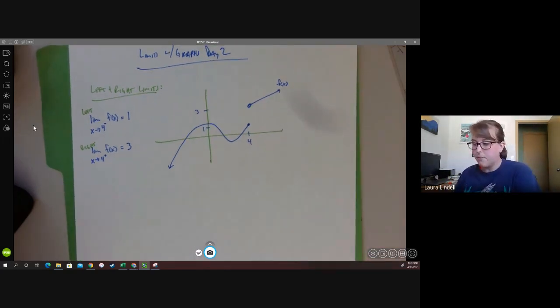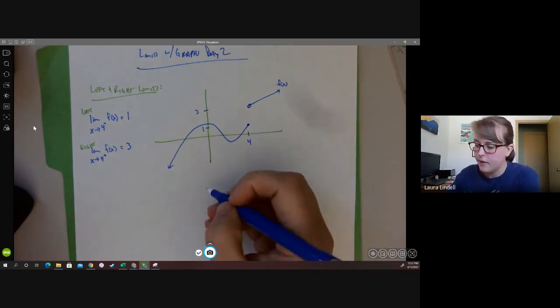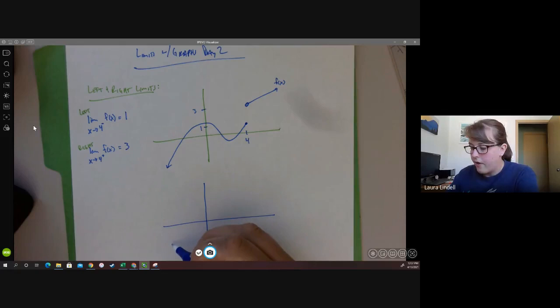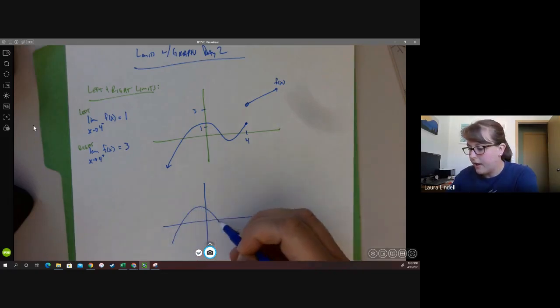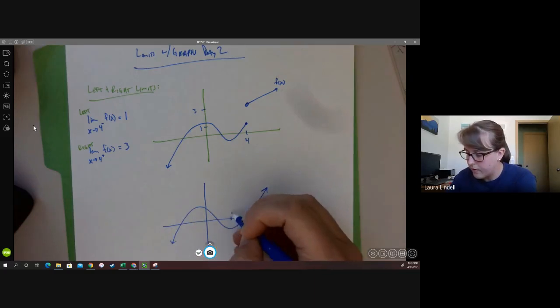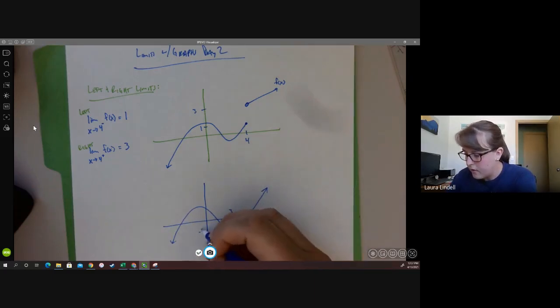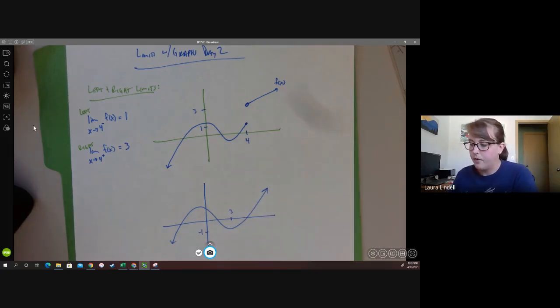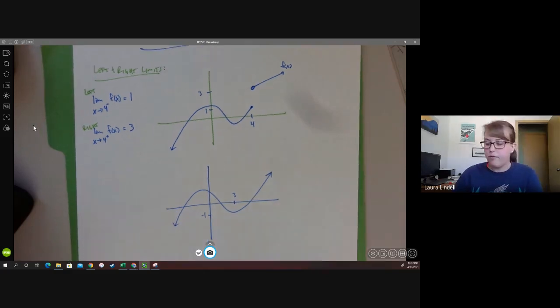We could also see something else. This would be kind of another example. You could see something like this. And we might want the left and right hand limits as x approaches 3 for this function.